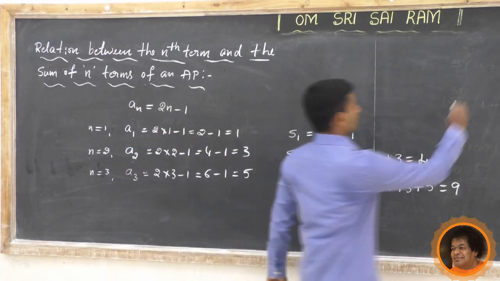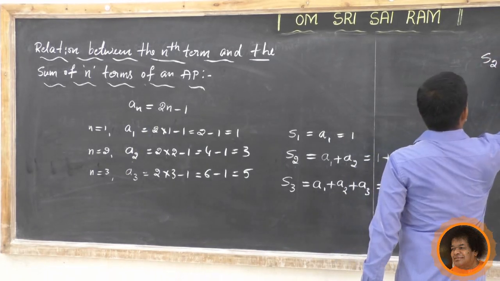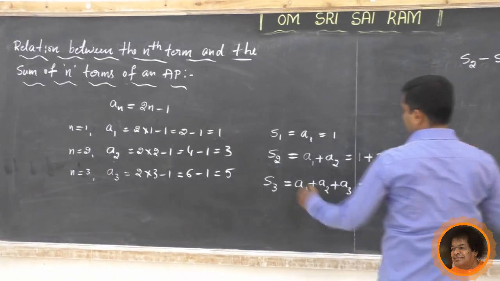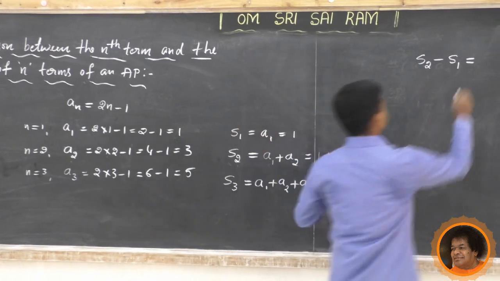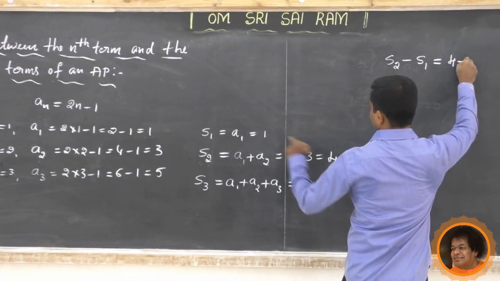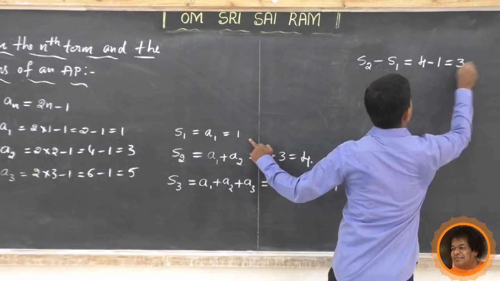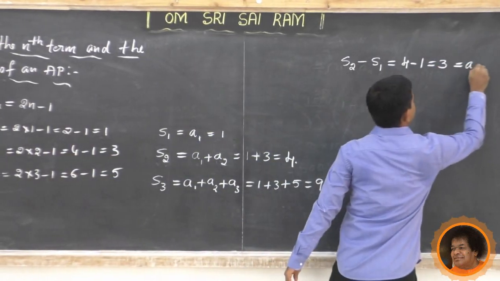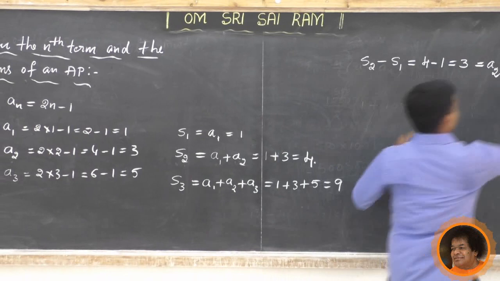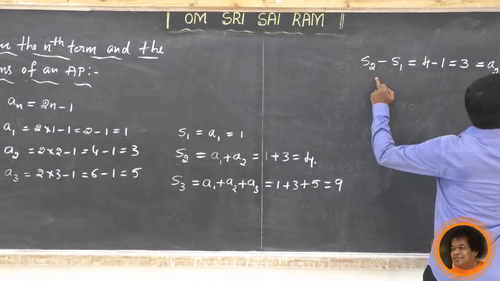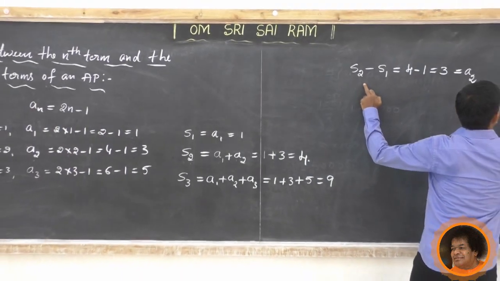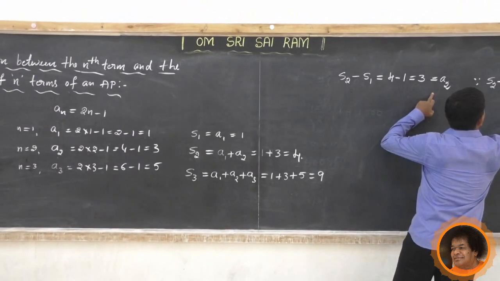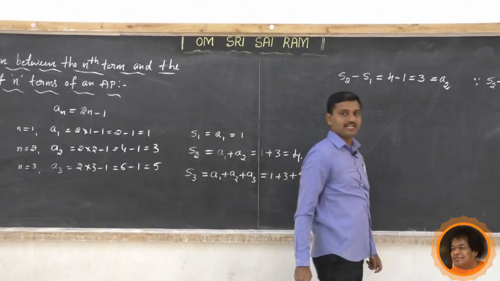Next find S2 minus S1. S2 minus S1, that is 4 minus 1, which is equal to 3. So 3 is the second term a2. Or we write it as S2 minus S1 equal to a2. Am I right?